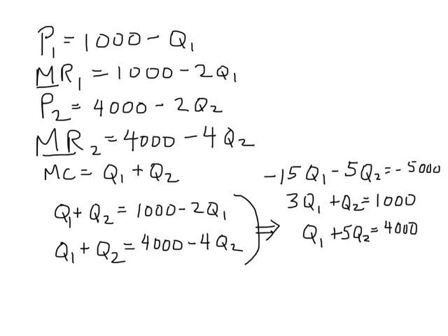All right, so then let me change colors. I'm just going to cross this one out because I've got it up here in an equivalent form. So now I can just add this beast to this beast, and I'll just be left with one expression in terms of Q1.